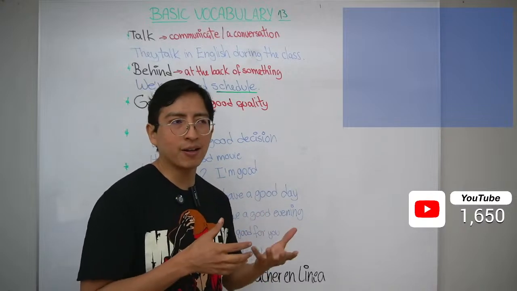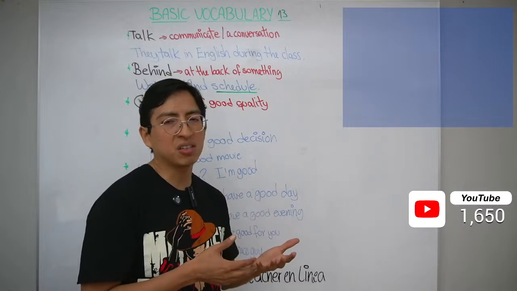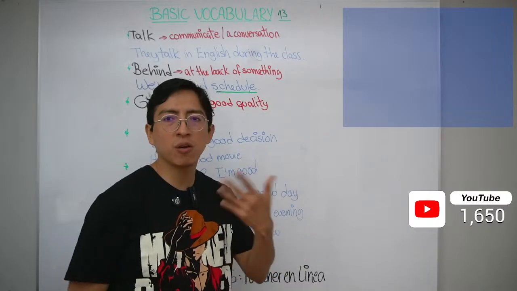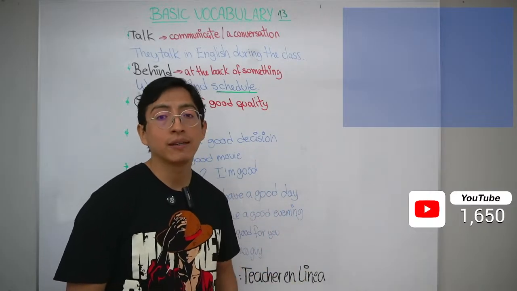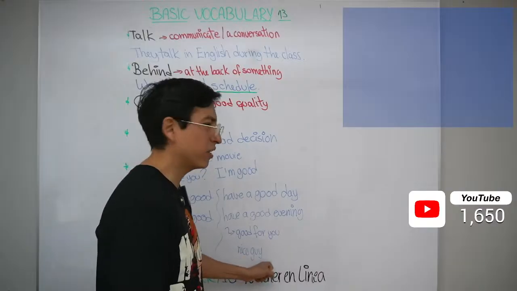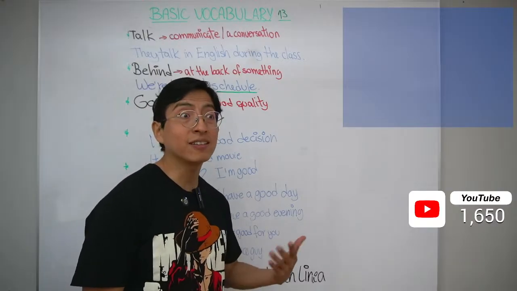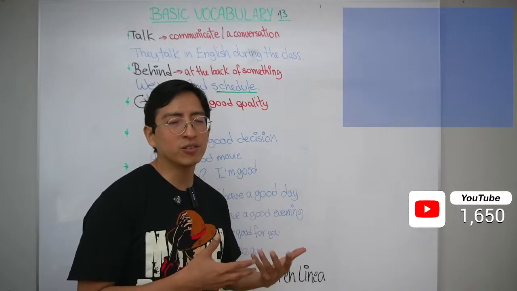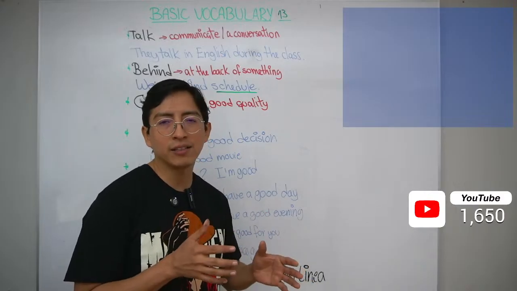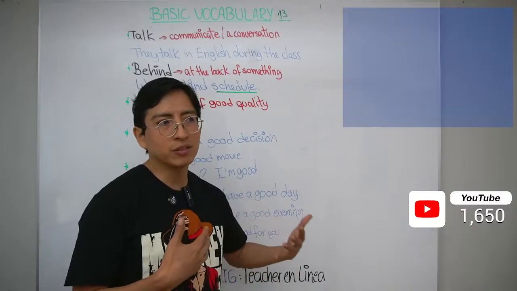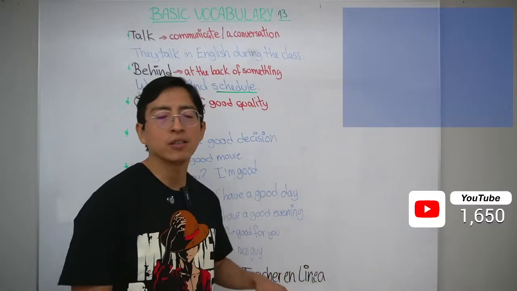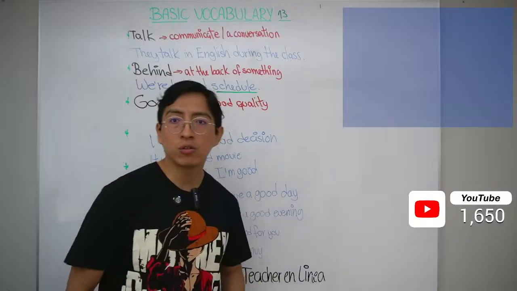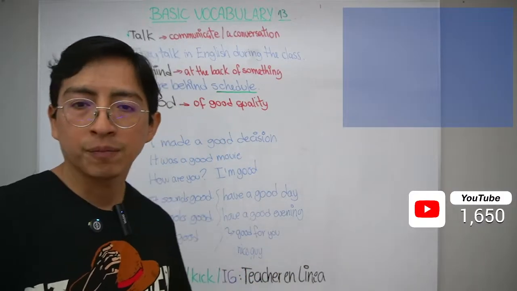But when you meet someone for the first time, I recommend to use this, no? Oh, he's a nice guy, or he's a nice girl. Yep, because you're talking about like this person has a very good personality, or she has a very good style, something like that, no? She's a nice person.